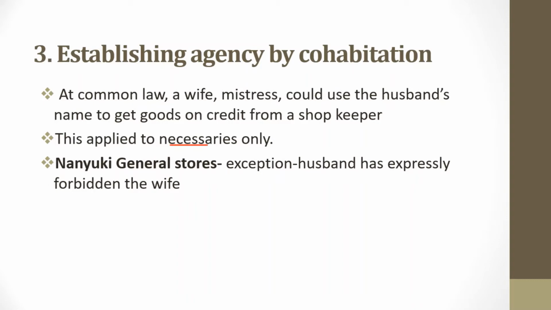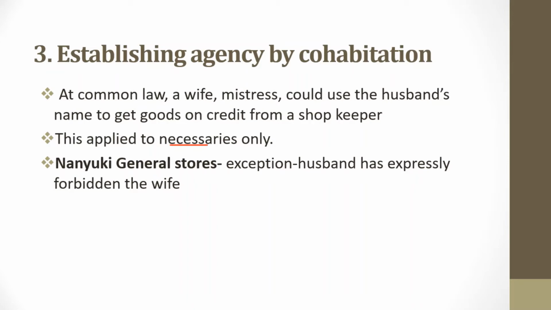So the wife would get food using the husband's name, and when the man returned, the man had an obligation to pay that bill. So remember, this applied to only necessaries. And the case in question here is the Nanyuki General Stores.